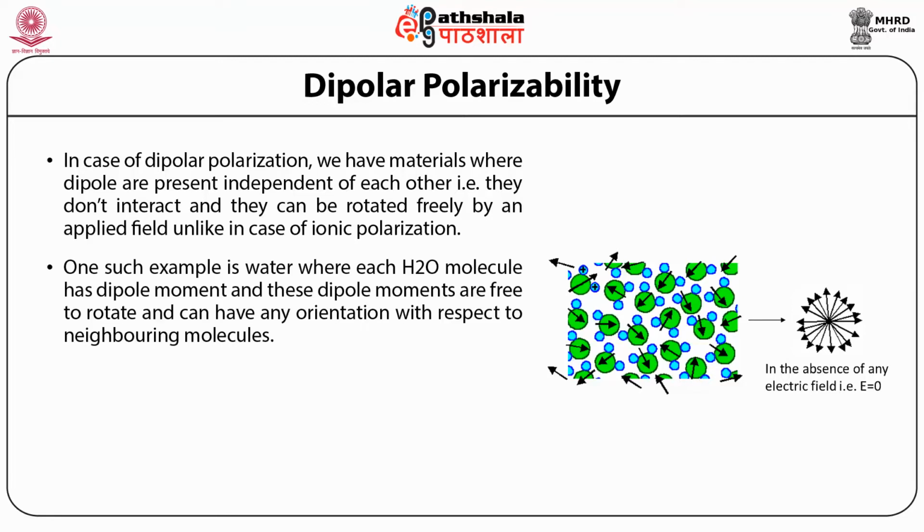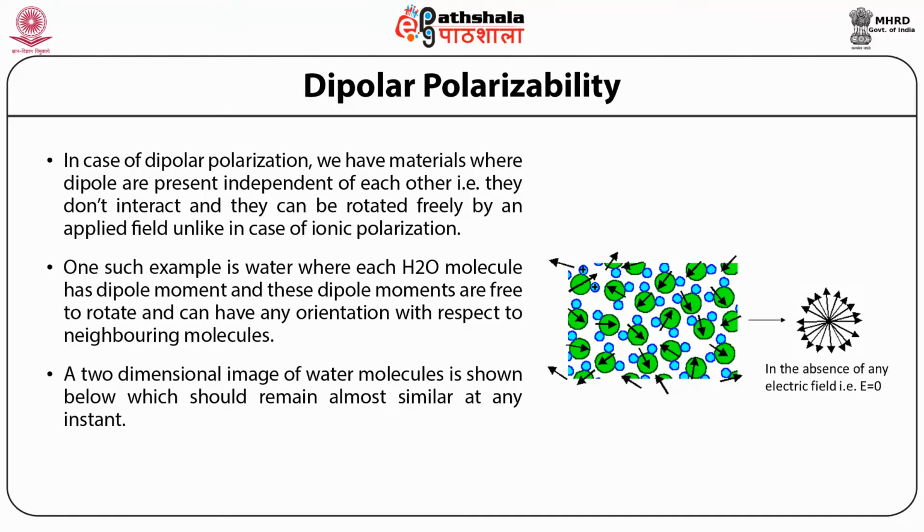One such example is water, that is the H2O molecule. The H2O molecule has a dipole moment, and these dipole moments are free to rotate and can have any orientation with respect to neighboring molecules. Due to the ability of molecules to move around randomly, a liquid like water has very limited dipolar polarization contribution despite having a permanent dipole moment.